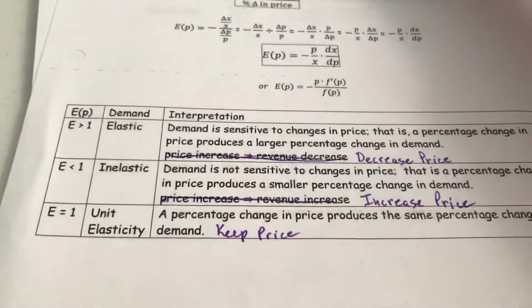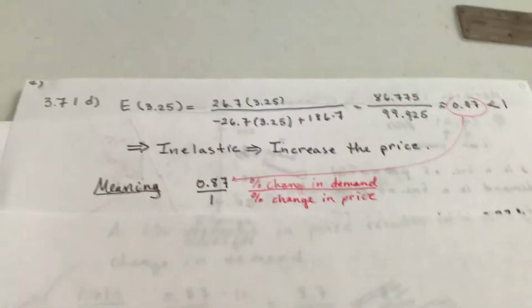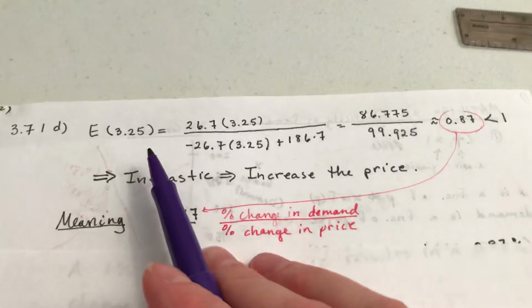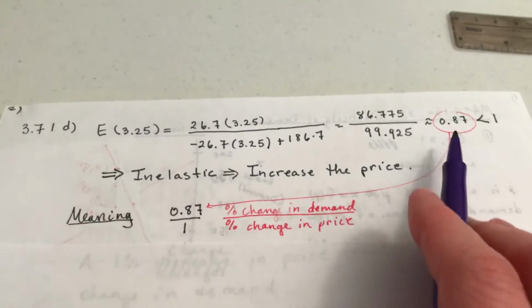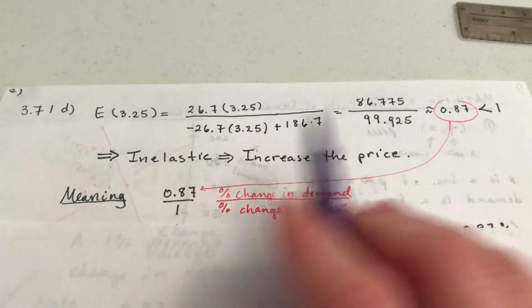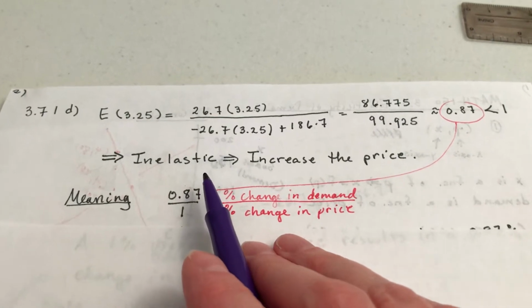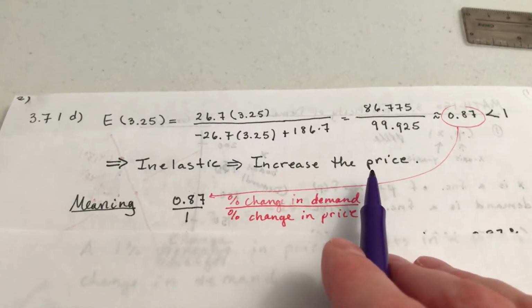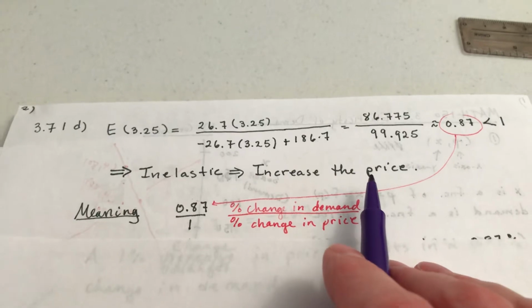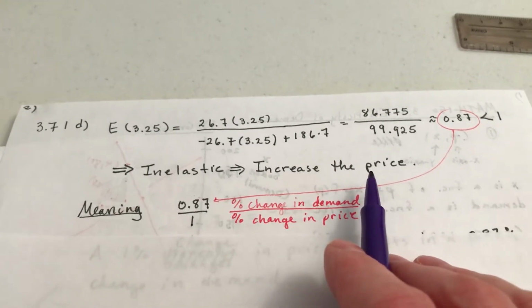So let's go and look at what we calculated. We calculated at $3.25, and we found out that it was 0.87, which means that it is inelastic, so you can increase the price, which is what he did. He increased the price to $4, but he increased it too much.